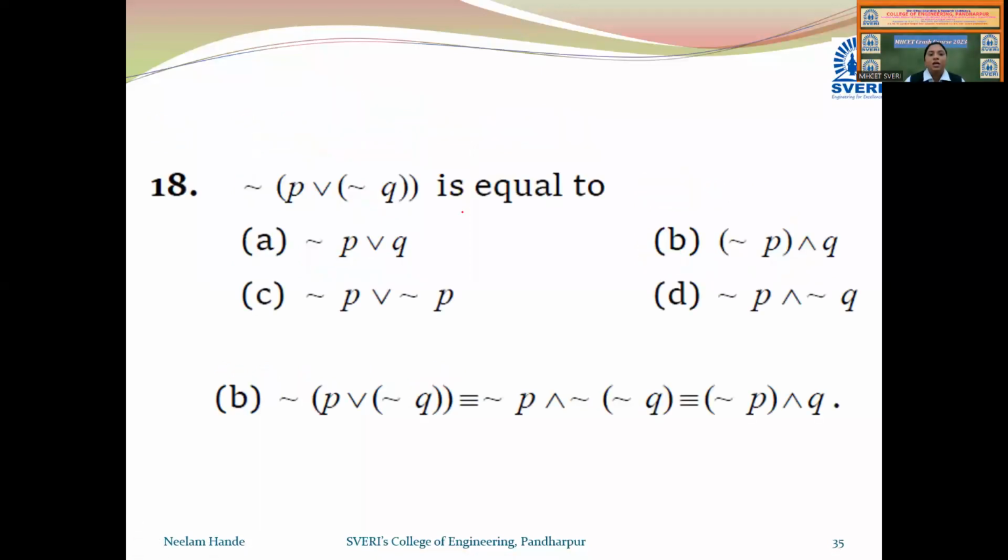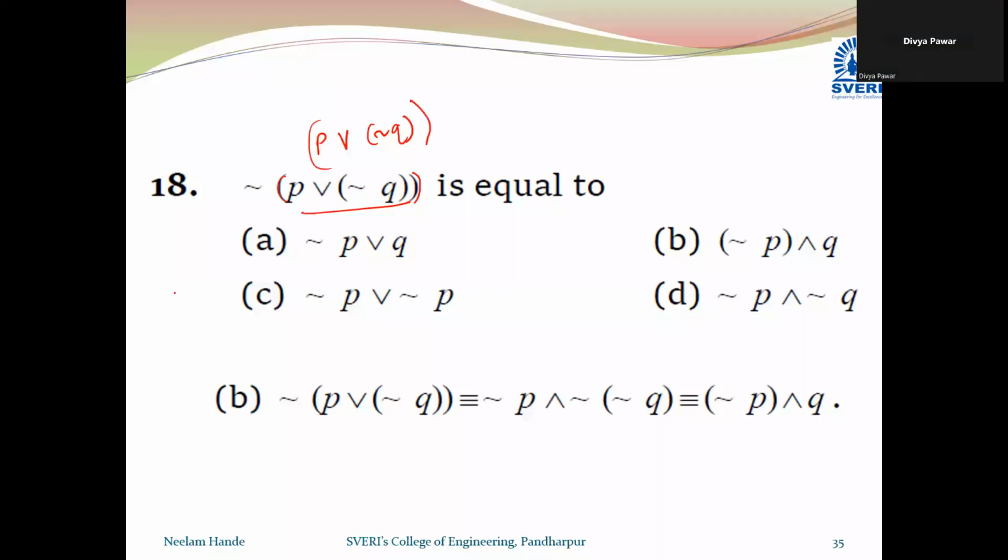Next, negation is given. There is a bracket, so negation is for the bracket. First it is given, option B, C is correct, right? So what rule can we use here? De Morgan's law.